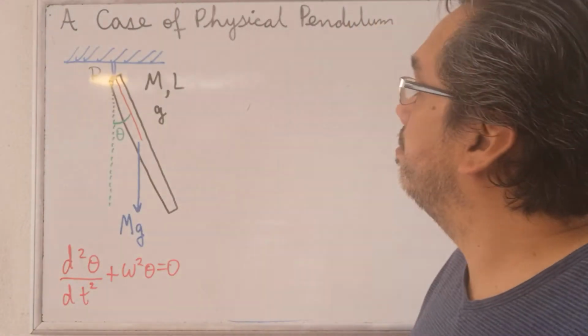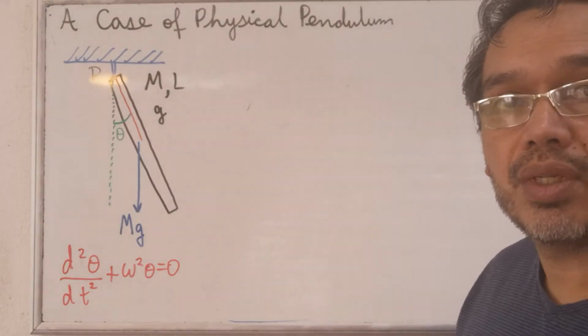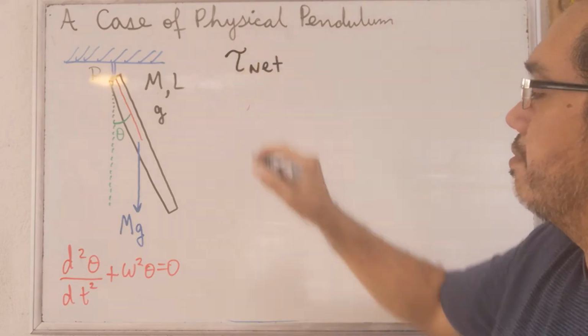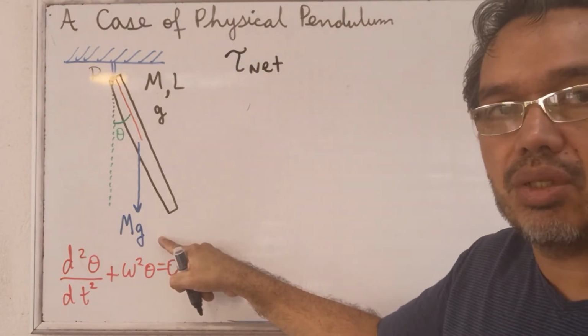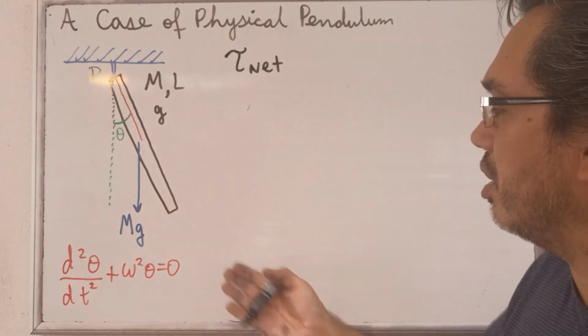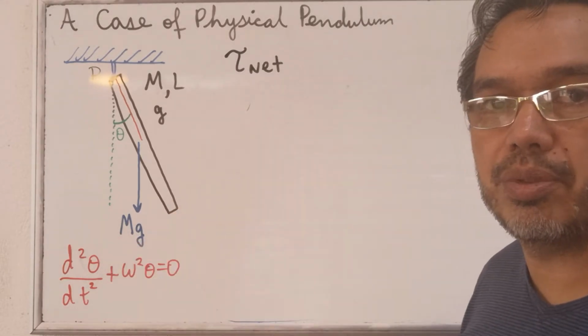Therefore your net torque is caused by the fact that this mg is not acting on the pivot, and it is actually trying to accelerate the object back to its equilibrium position.